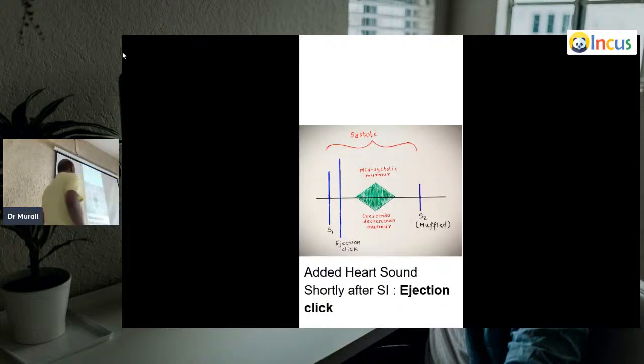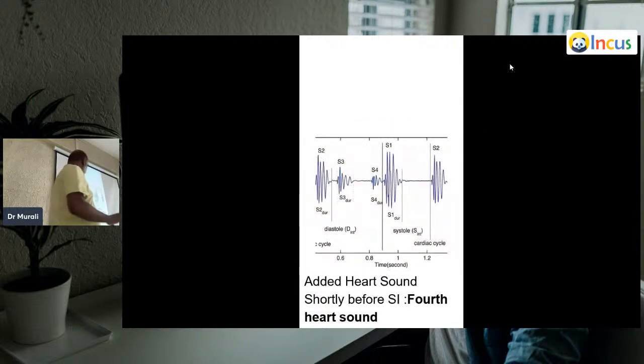So, ejection click is fundamentally what type of click? Systolic click. Systolic means it should be heard after S1 or S2? After S1 your systole begins. So the ejection click is always an added heart sound heard after S1. Then the fourth heart sound is diastolic, pre-systolic, so it is before the S1.